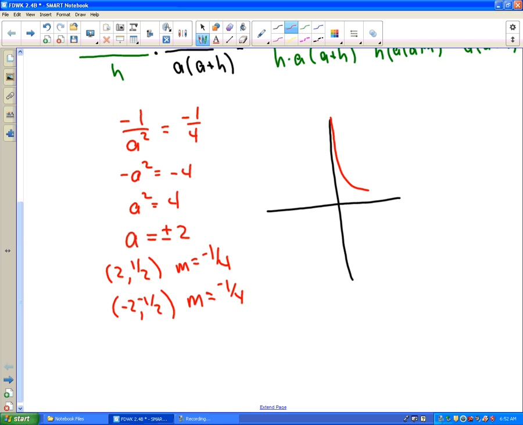It's the reciprocal function. And so here at 2, the slope of the tangent is negative 1/4. And here at negative 2, the slope of the tangent is negative 1/4 as well.